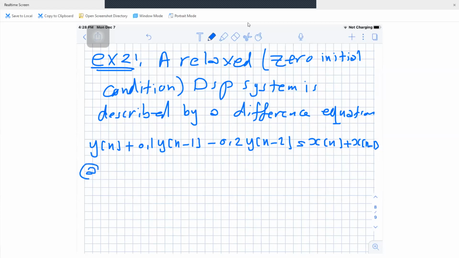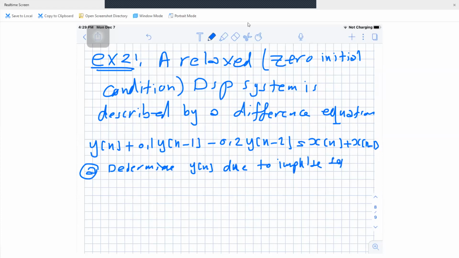A, determine output y of n due to impulse response, due to impulse sequence, okay?